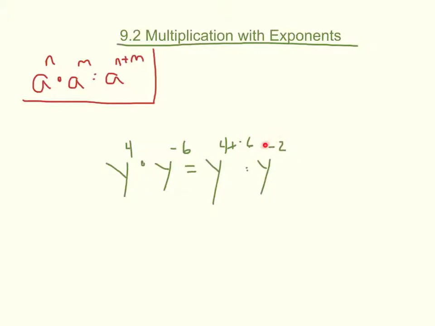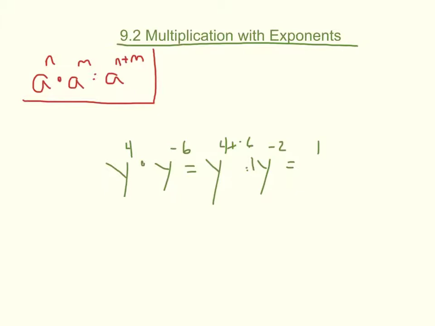A lot of students may be tempted to stop right there, but hold on. We know that negative exponents shouldn't be in an answer. I can simplify this further. This goes back to our negative exponent rules in one of the last lessons. If it's a negative exponent and it's on top, it's going to go downstairs.